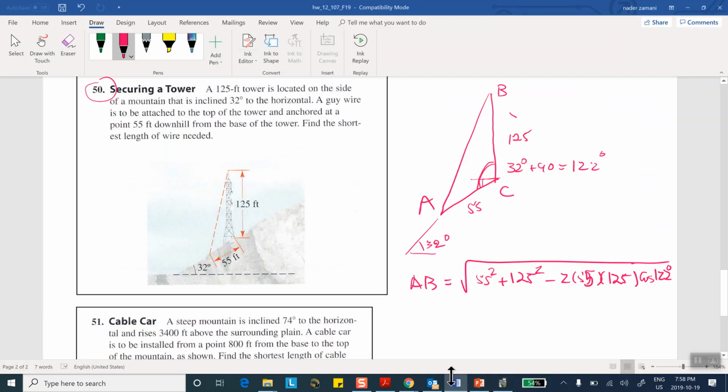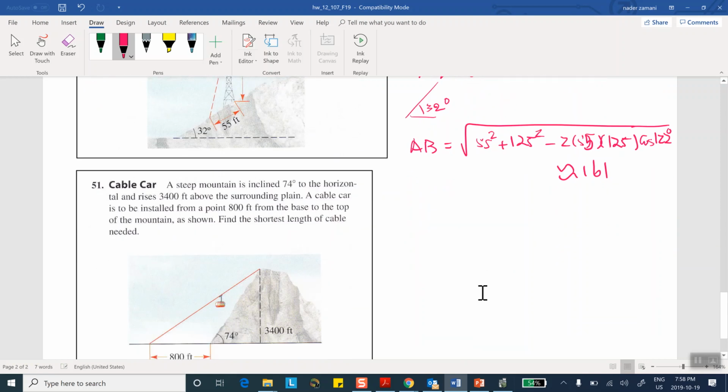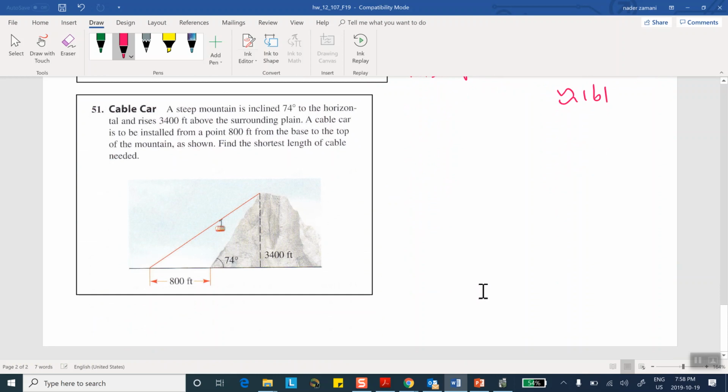So 161 feet, approximately. Now this other problem is very similar. We are asked to find the shortest length of the cable. There is a cable. So what do we have here?